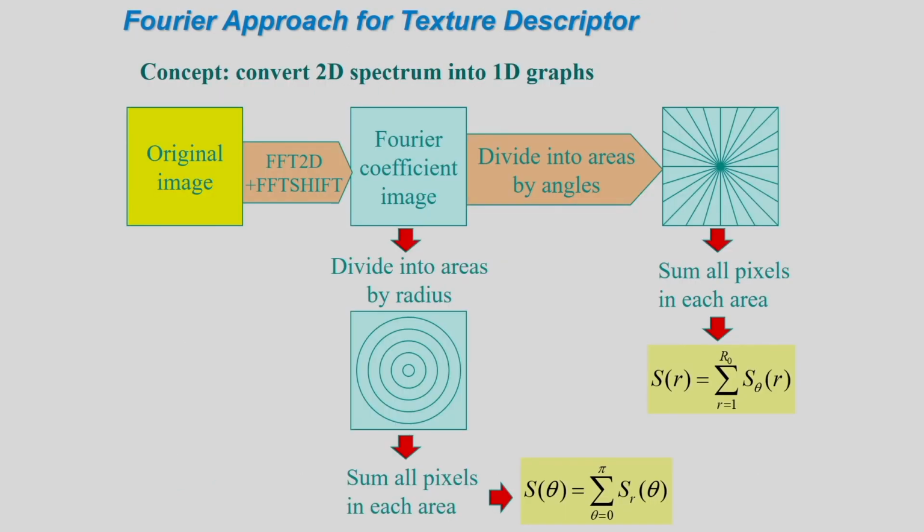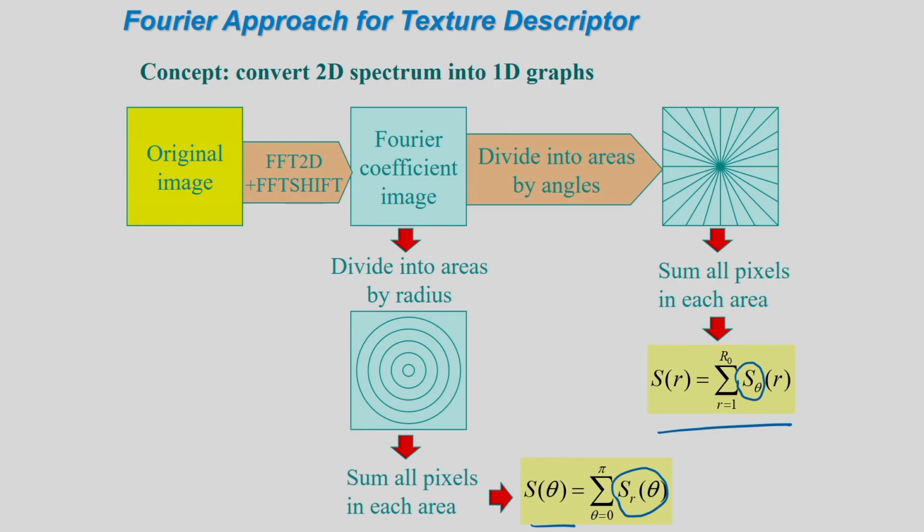And also I discussed the Fourier approach for texture descriptors, and that concept also I have discussed. For this I have to determine the Fourier transform of the image, and after this I have to convert the Fourier transform into polar representation, and after this I have to determine these two spectrums, one is S(r) and another one is S(theta). In S(theta), the theta is fixed and r is variable, and in S(r), the r is fixed and theta is variable.